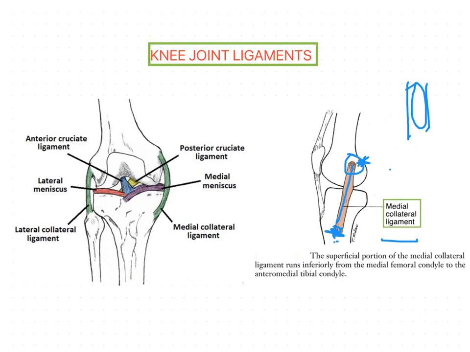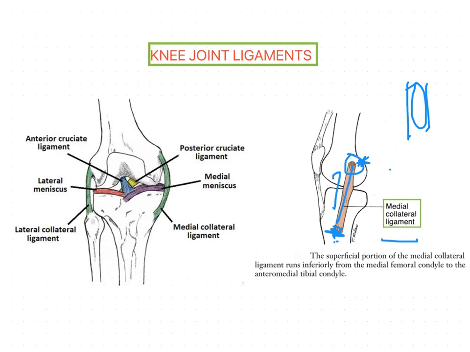Now the deep portion of the medial collateral ligament. Deep means we can go up to the knee joint capsule. Around the knee joint we have the capsule, isn't it? That is the deeper portion of the knee joint. This deep portion of the medial collateral ligament is continuous with the knee joint capsule.